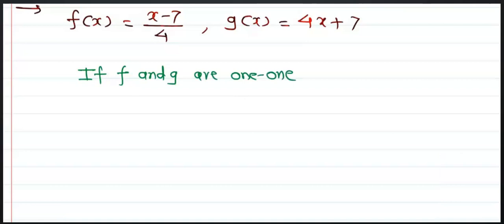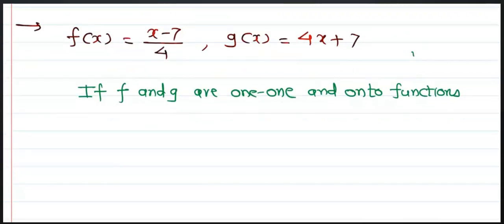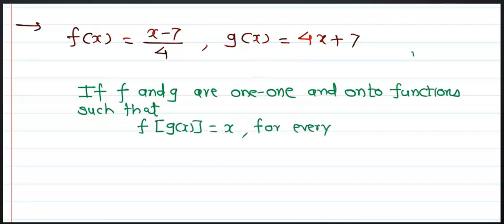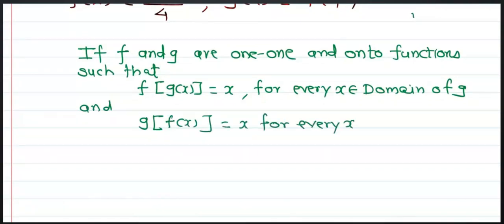Now to show that the given functions are inverse of each other, that is f and g both are 1-1 and onto functions such that f of g of x is equal to x for every x belongs to the domain of g, and g of f of x is equal to x for every x belongs to the domain of f.